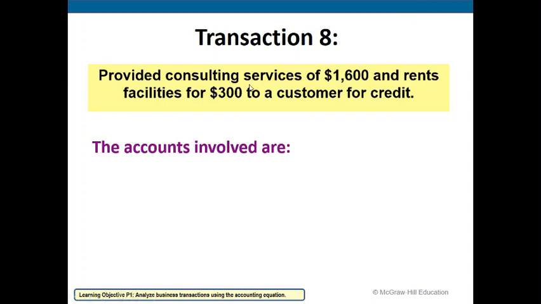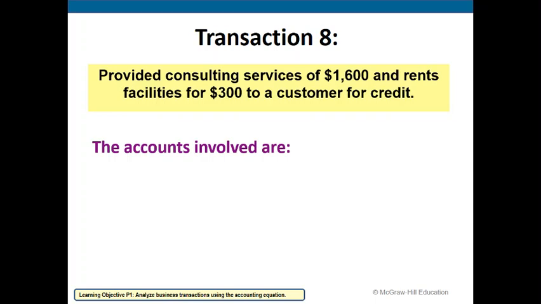Notice the $1,600, the consulting services, is also for credit. And so again, the accrual method of accounting and the recognition principle commands us to recognize the revenue when we earn it.